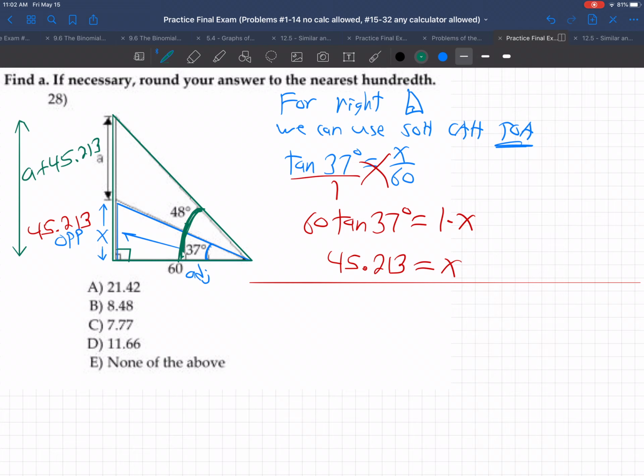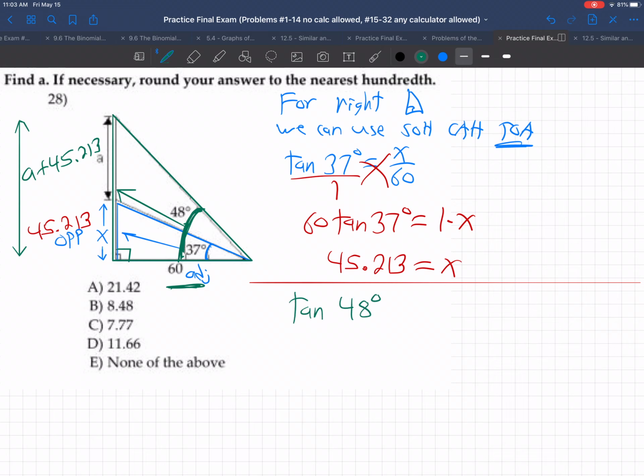And the 48-degree angle, this whole angle there, is the 48. And that's the opposite side from the 48. And this is still the adjacent side. So therefore it's tangent again.